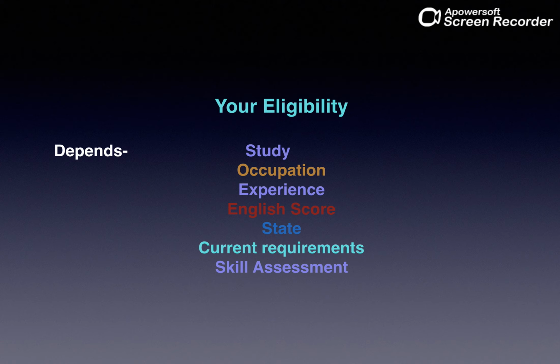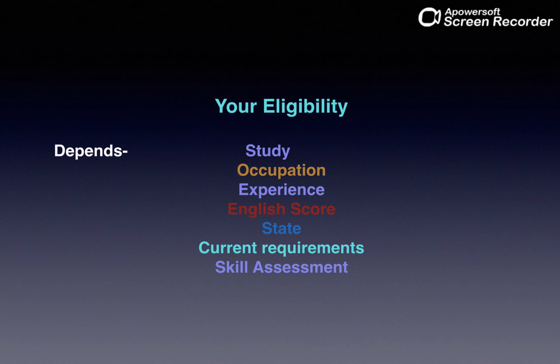It also depends on your experience and your English score. And your eligibility depends on where you want to apply, in particular for the state sponsor visa. Many times it varies, and I guess every 6 months they change the rules, so it depends on the current requirements of that particular state and of Australia.